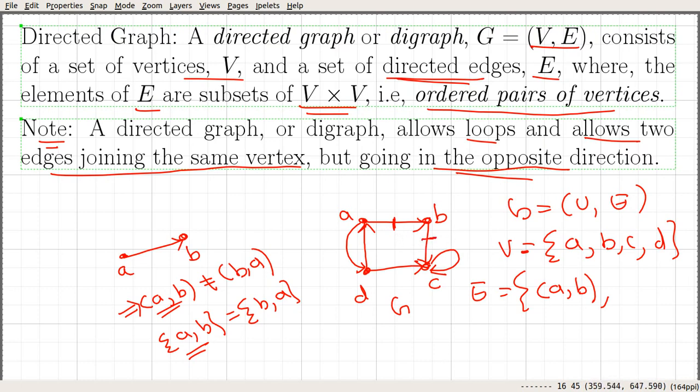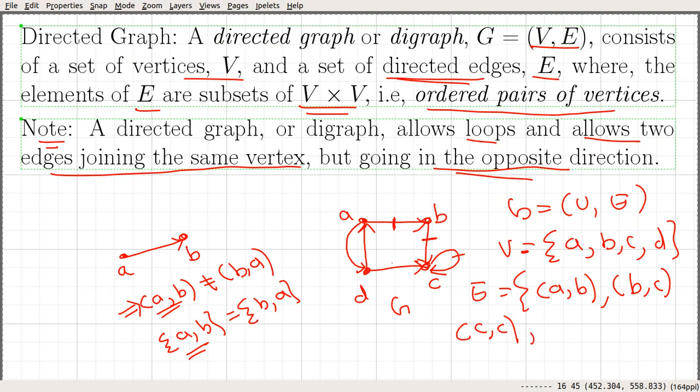Now let's consider this edge. It is directed from B to C. So we have this ordered pair (B, C). For this loop, we have this ordered pair (C, C). So remember, E is a subset of V cross V, so it can also contain pairs like (C, C), (D, D), etc.